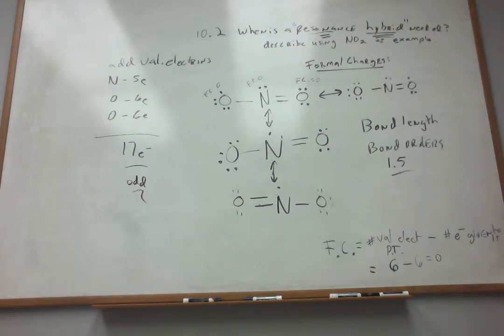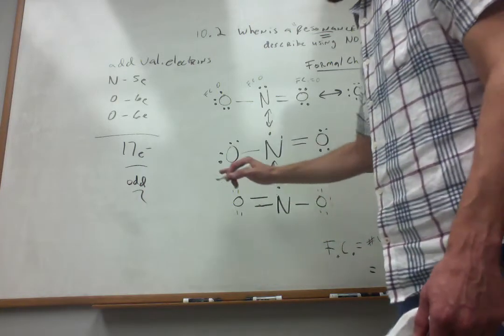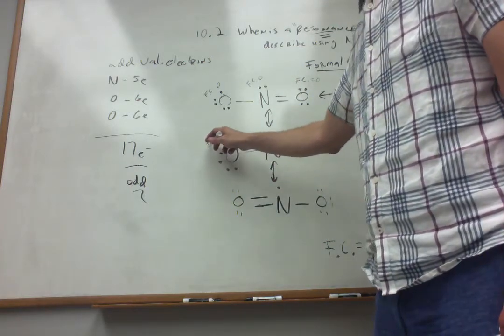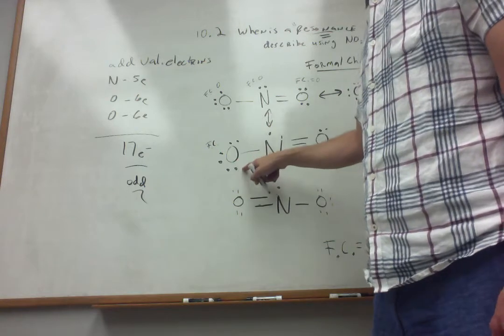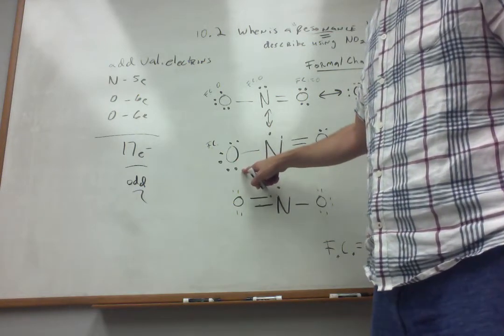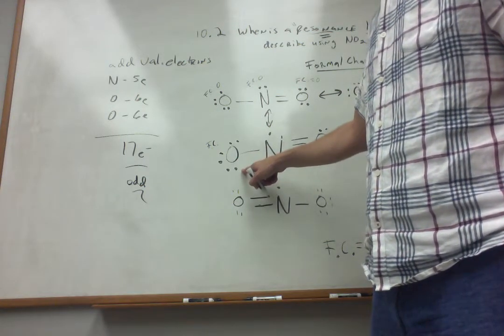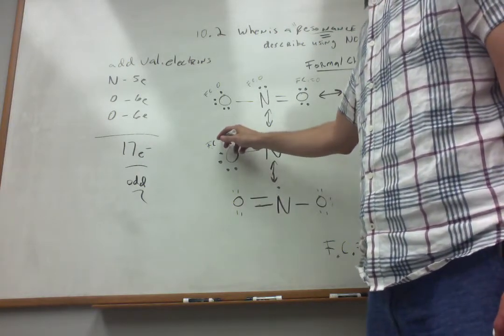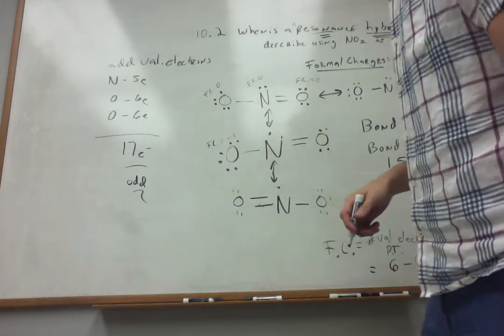Now, what about assigning formal charges for this structure here, okay? Again, for this oxygen, the placement on the periodic table says 6, so I do 6 minus whatever I've got. Well, I've got 6, 7, so it looks like the formal charge here is minus 1.